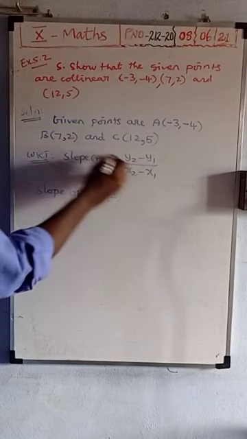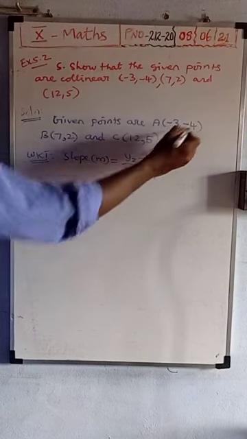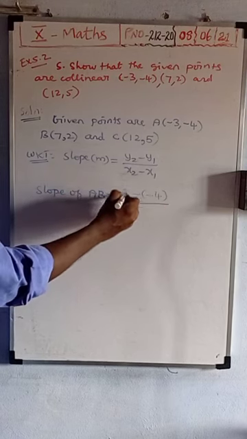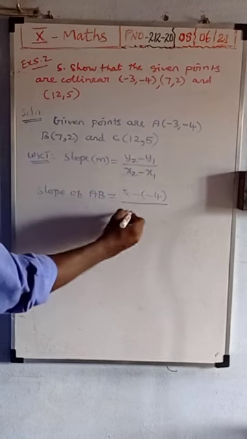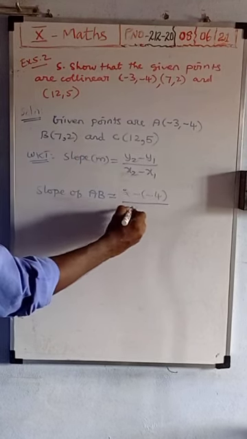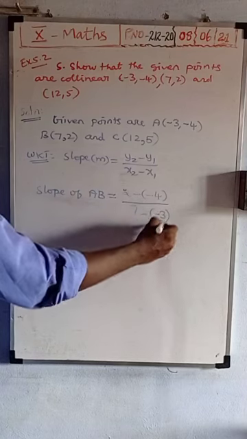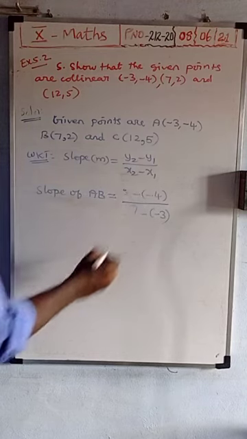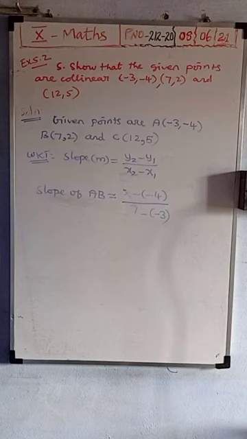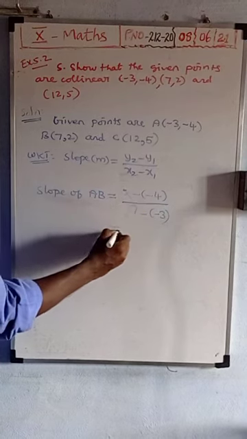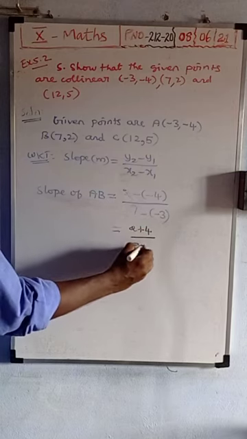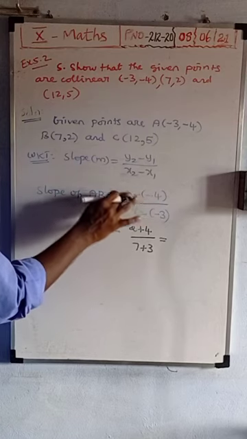Substitute: y2 is 2, y1 is -4, so 2 minus of minus 4, divided by x2 is 7, 7 minus of minus 3. Now simplify this. Minus into minus gives plus, so we get (2 + 4) / (7 + 3).